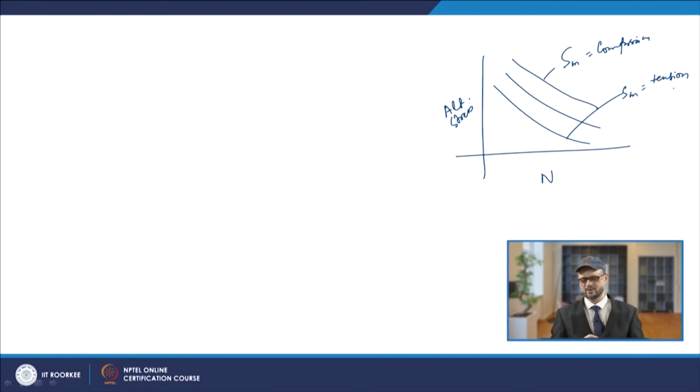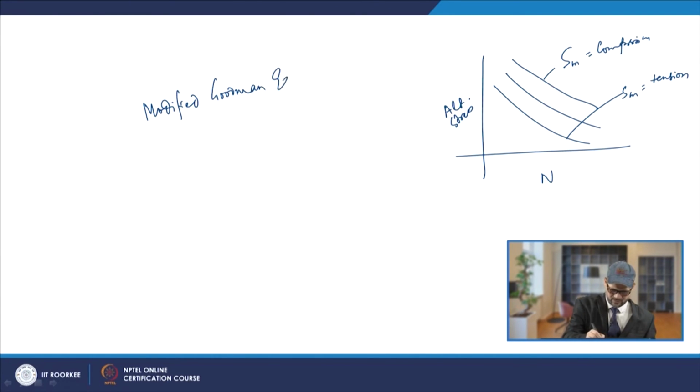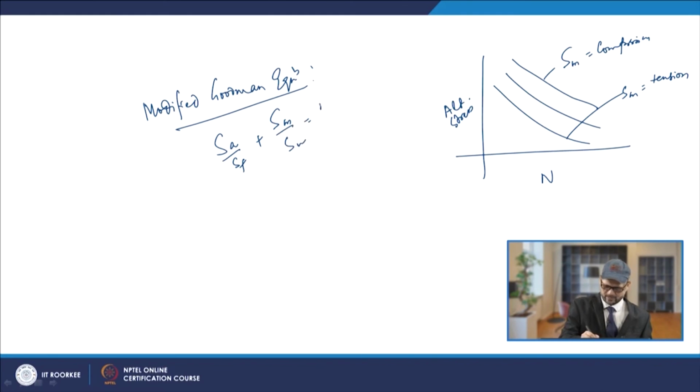Now, the effect of the tensile mean stresses for different materials and situations is given by different types of equations. The modified Goodman equation tells about these conditions: SA upon SF plus SM upon SU equals 1.